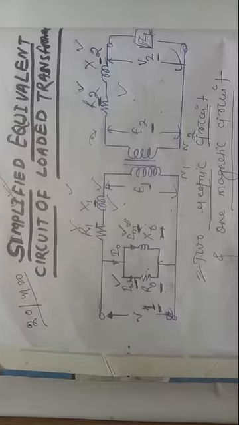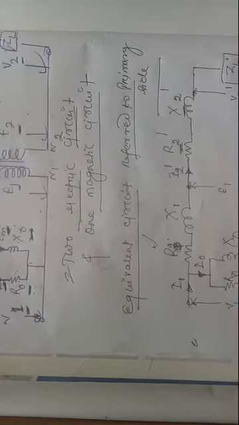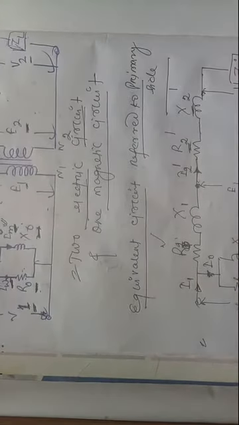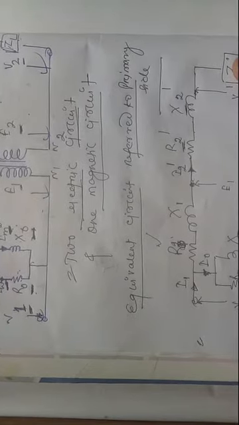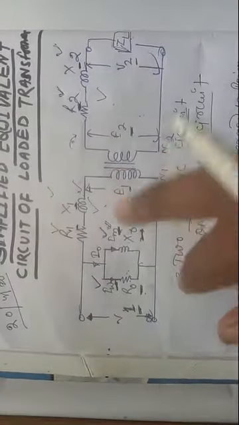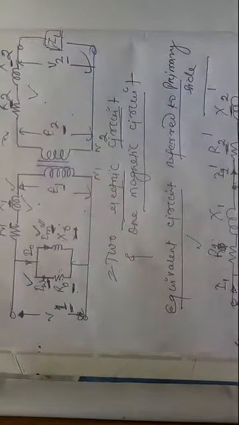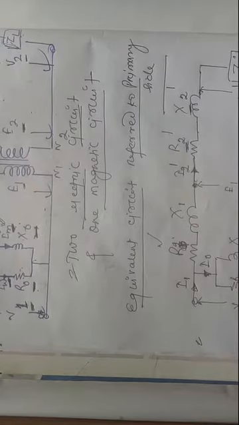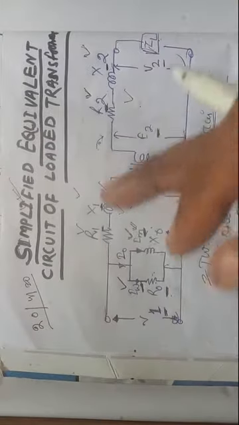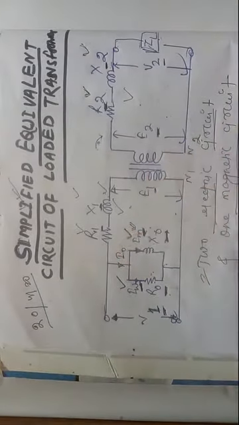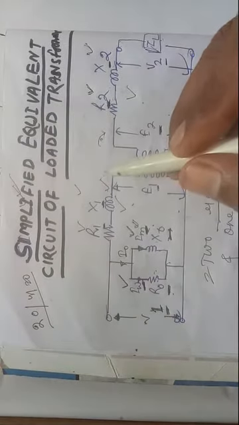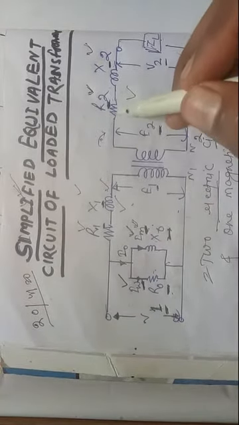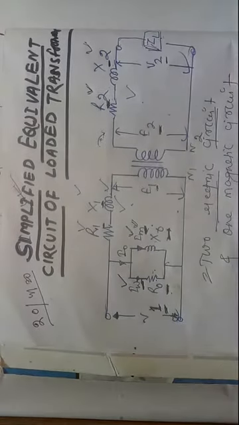Now just assume this equivalent circuit is referred to the primary side. That means the parameters from the secondary side are reflected to the primary side. When the secondary parameters R2 and X2 are shifted to the primary side, they are divided by K square, the square of the transformation ratio.